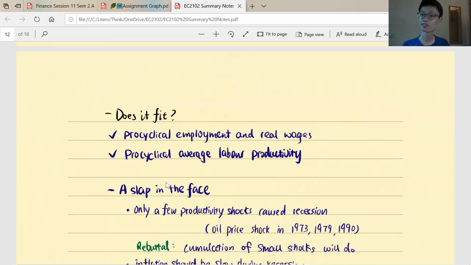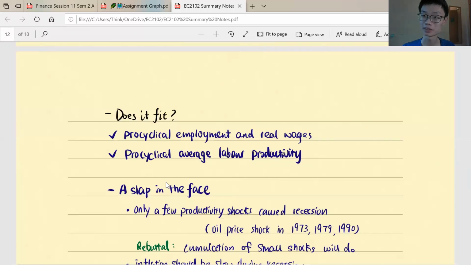So once a theory is proposed, we need to see, does it fit? It does fit a lot of the business cycle facts. First of all, the pro-cyclical employment and real wages. Pro-cyclical means the direction.